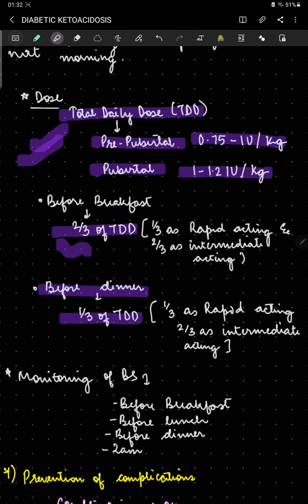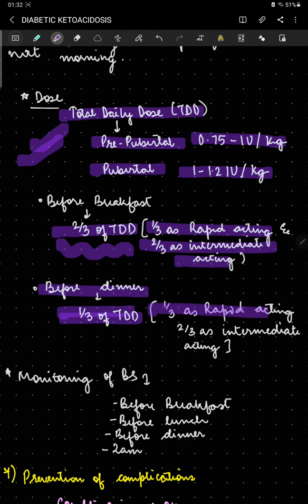And out of this 2/3, 1/3 should be rapidly acting and 2/3 should be an intermediate acting insulin. Same before dinner, that constitutes 1/3 of the total daily dose. In this, 1/3 as rapid acting, 2/3 as intermediate acting. This way we have to prepare the formulation of insulin.